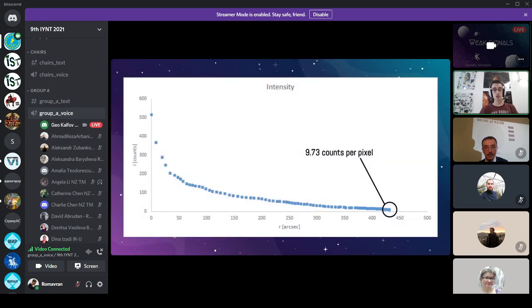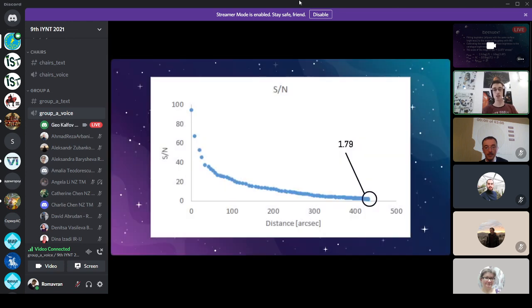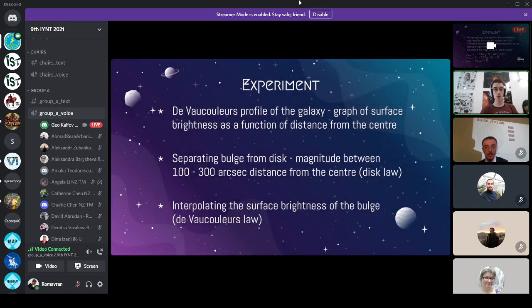As you can see, the intensity near the edge of the galaxy drops rapidly to 9.73 counts per pixel, starting from more than 500. This again exhibits the behavior of a very weak signal near the end. The same is true for the signal to noise ratio, where it is below 2 in the visible filter near the end of the galaxy.